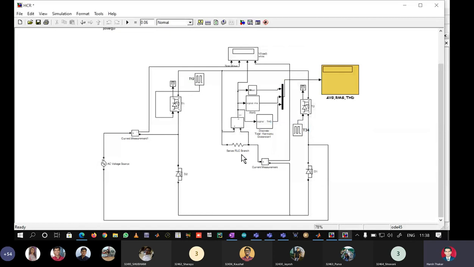As soon as I do this change, initially the branch was looking as R series L. So I'll tell you how it changes.